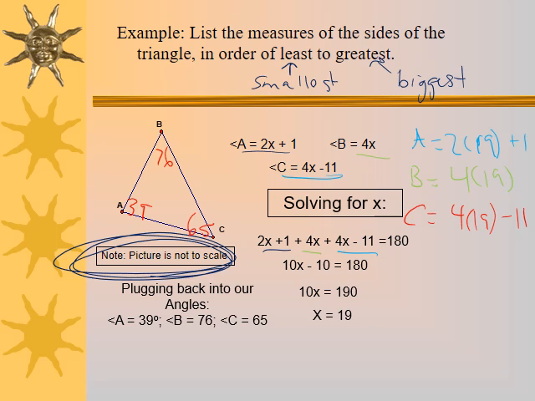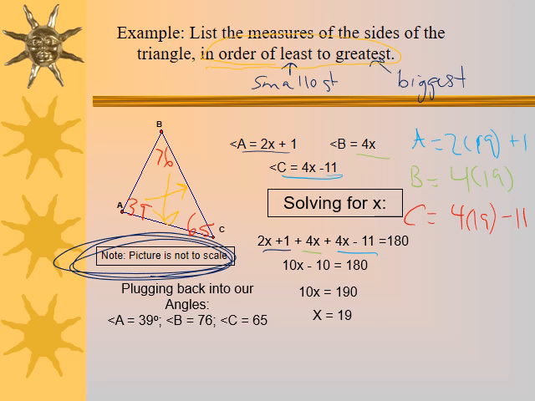Again, we've got to figure out which one is the biggest. The biggest one is B, so if I draw that across, B goes to AC, that's the biggest. That's not the right order I want to go in, so let's go back up here. It says from least to greatest, so let's start with the smallest. That's this one, 39 degrees. If I draw across from that, BC is the smallest.